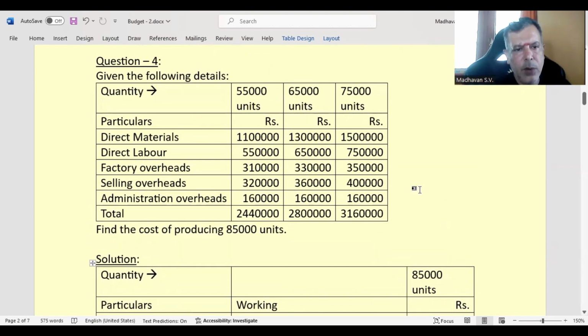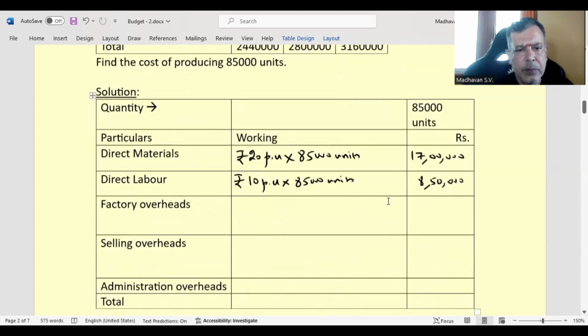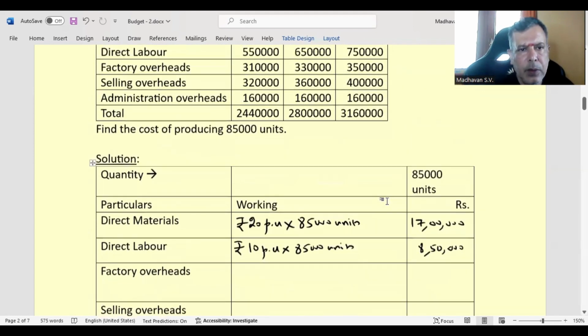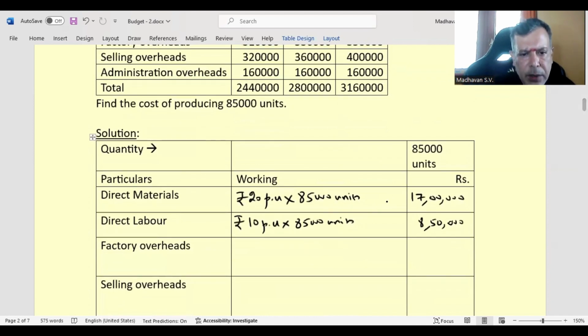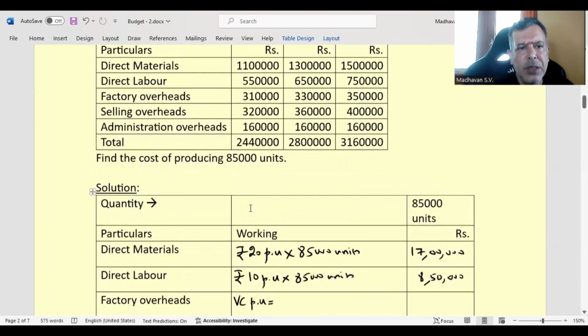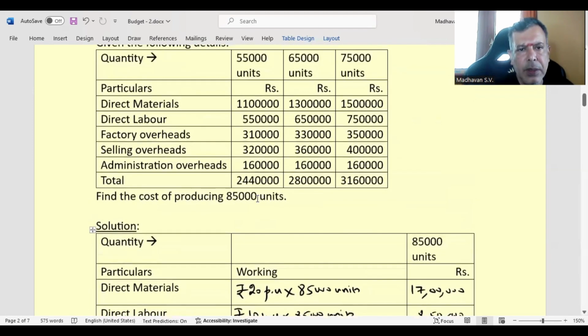So we can find out what will be the variable cost in this. Variable cost per unit is change in the cost.